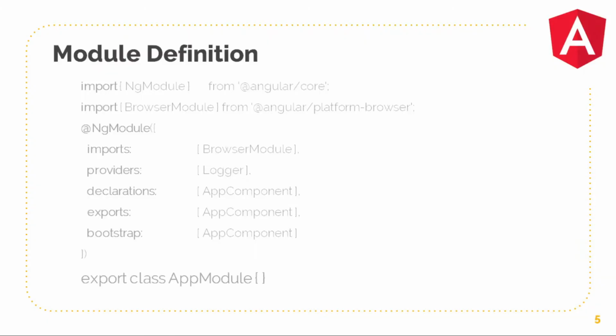Look at the sample module shown on the screen. The first thing that you might have noticed is that the module is importing the BrowserModule. This is a built-in module in Angular. You need to import this module so that you are able to use the basic directives, pipes and services of Angular.